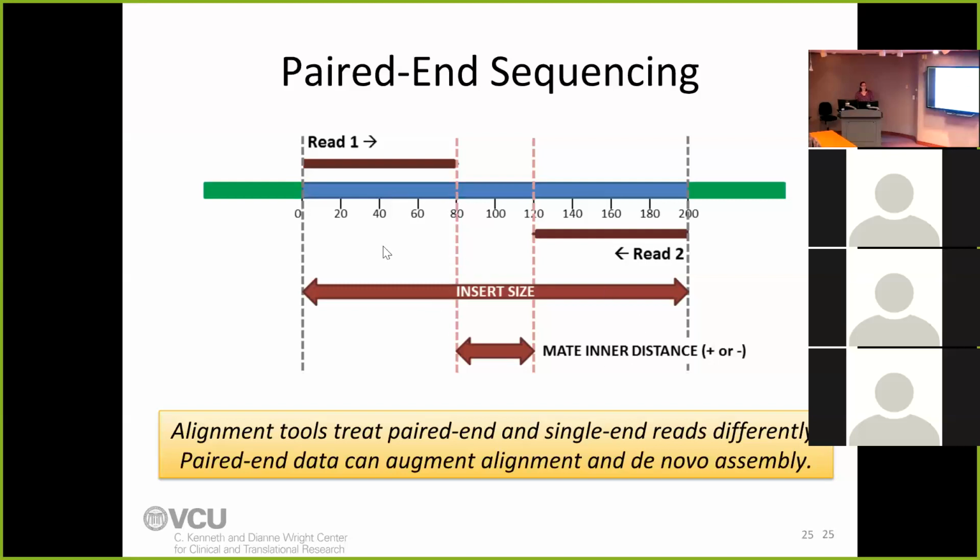If you don't have paired ends, then you don't need to know your insert size. Oh, and the paired ends also help with de novo assembly when you're trying to piece together your genome from scratch. It gives you a lot more information.